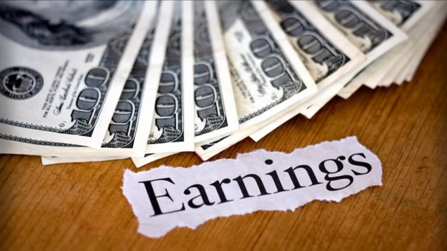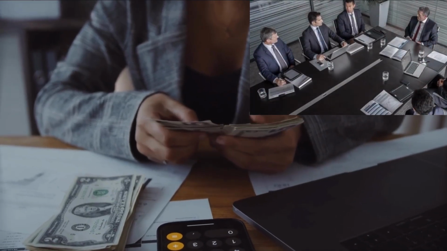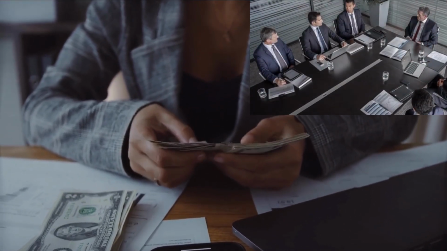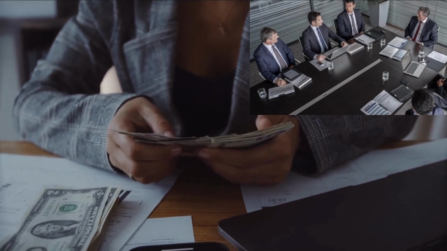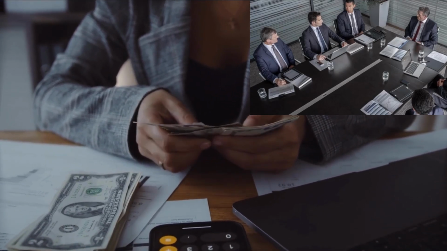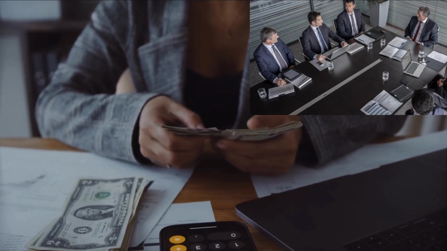So when we now move to the earnings of the company, their assets, their net profit, it is very important to know that shareholders do not have an automatic right to the earnings or the assets of the company.